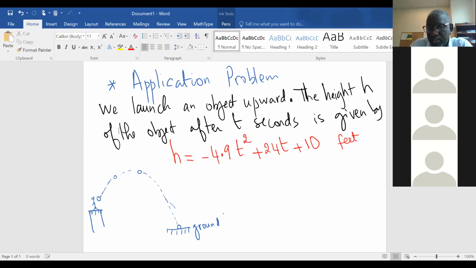What type of graph does it look like? A parabola, right? And everything that looks like a parabola, it is normal to describe as a quadratic equation. Nothing shocking about it.